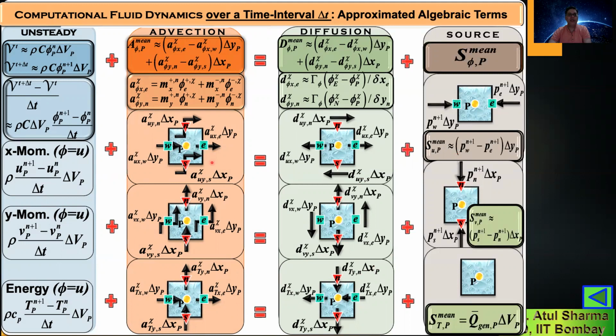So this is a very busy slide, but it gives you a perspective of the complete formulation, the physical law and discrete math based algebraic formulation corresponding to the finite volume method.